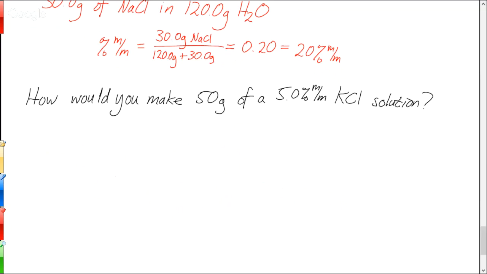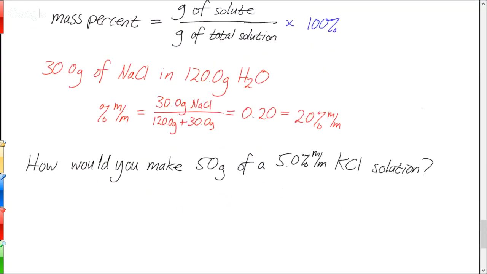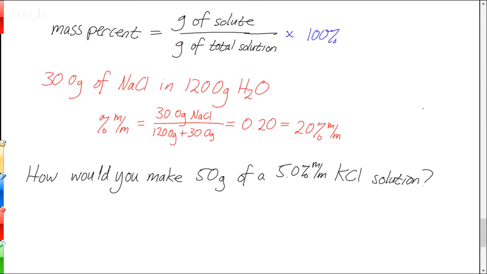If you look at the equation above, you can solve this by plugging it into the equation and solving for the grams of solute. So we would go 5% equals the amount of solute, in this case KCl, divided by the total mass of solution, which is 50 grams.